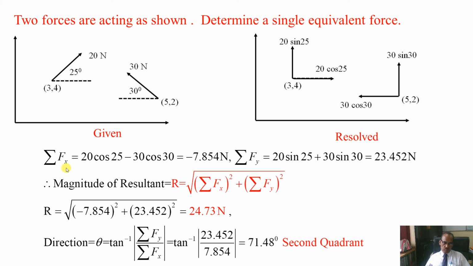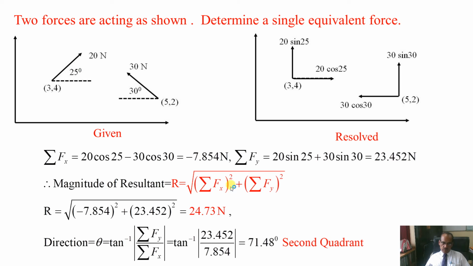First you calculate the summation of Fx. This will be plus 20 cos 25. This will be minus 30 cos 30. You will get Fx equal to minus 7.854 Newton, and summation of Fy, this plus this, both are upward, and it comes to 23.45 Newton.